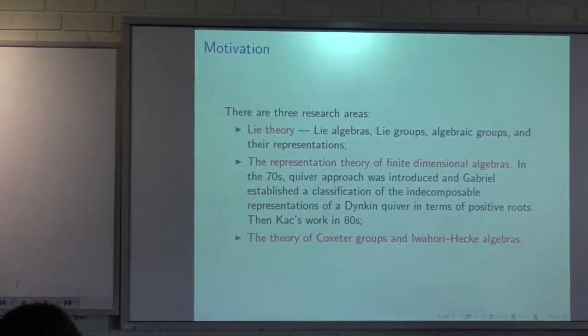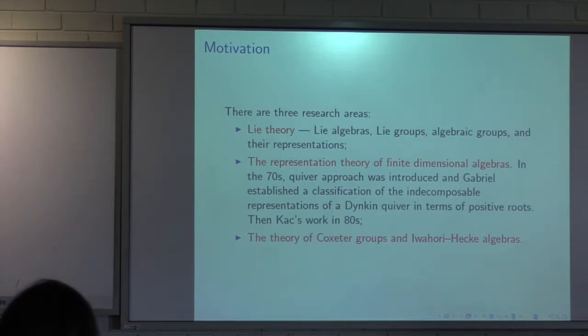For these three theories, you can find Lie algebras, Lie groups, algebraic groups, quantum groups, etc. in many books on representation theory, and you even have books on the theory of Coxeter groups.